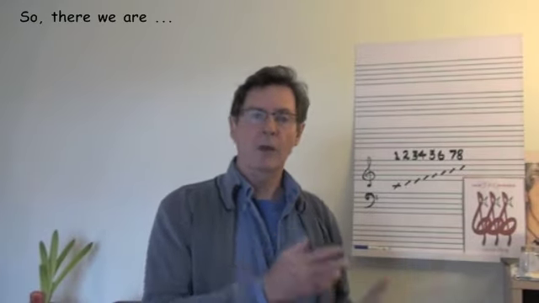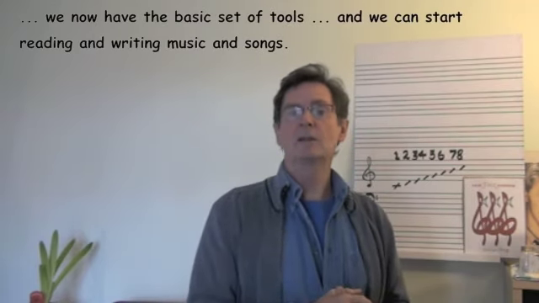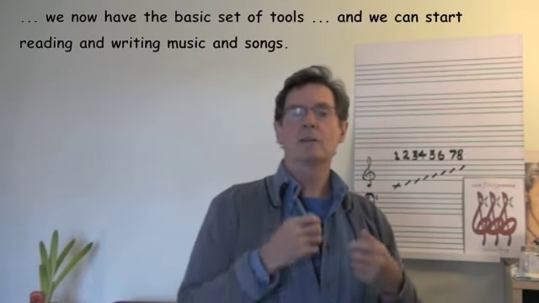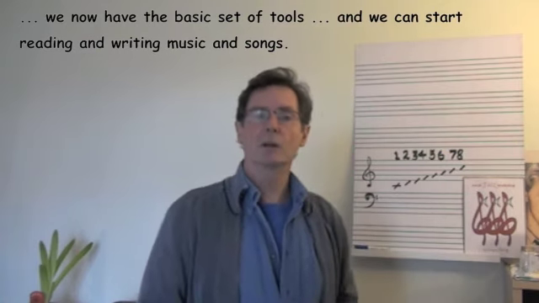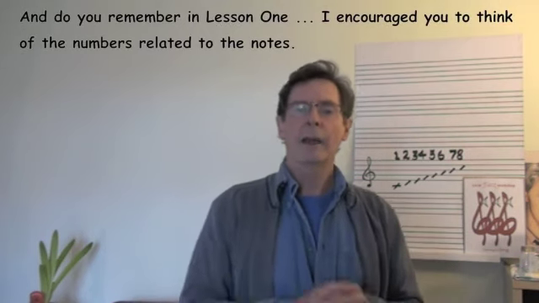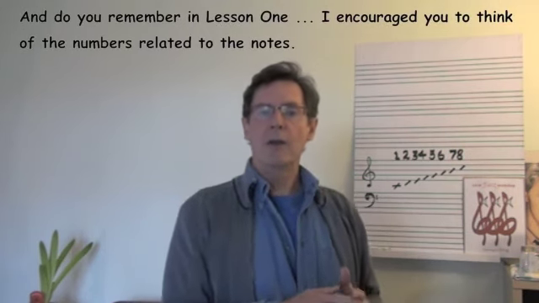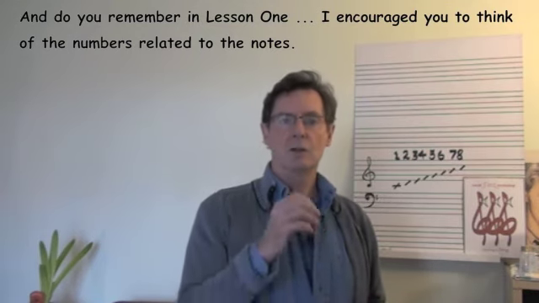So, there we are. We now have the basic set of tools and we can start reading and writing music and songs. And do you remember in lesson 1 I encouraged you to think of the numbers related to the notes?